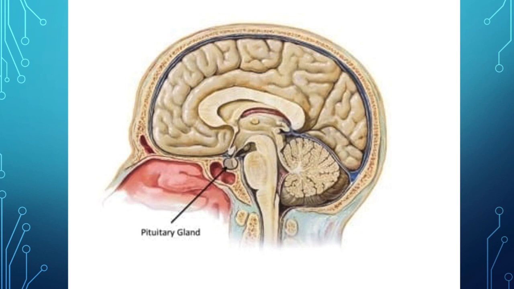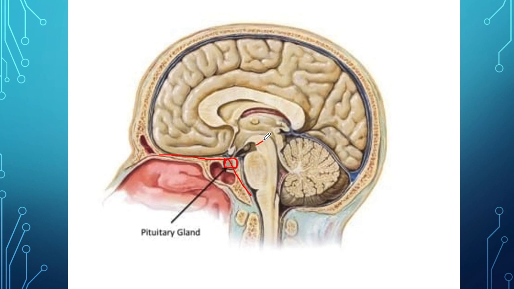So this is taken in a sagittal cut. It is the mid sagittal cut of a human brain. You can see over here that the gland pointed out in this region, this small ovate gland, is the pituitary gland. This is resting in the base of the skull. Posteriorly, there is the brainstem.